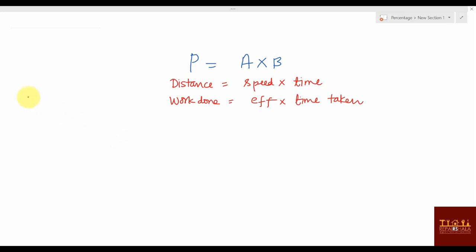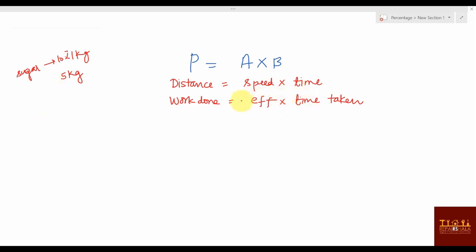Or suppose in a home, sugar is being consumed. Sugar price is 10 rupees per kg, and the consumption is 5 kg. So what is the expenditure of a home? 50 rupees. What have you done? Multiplied.